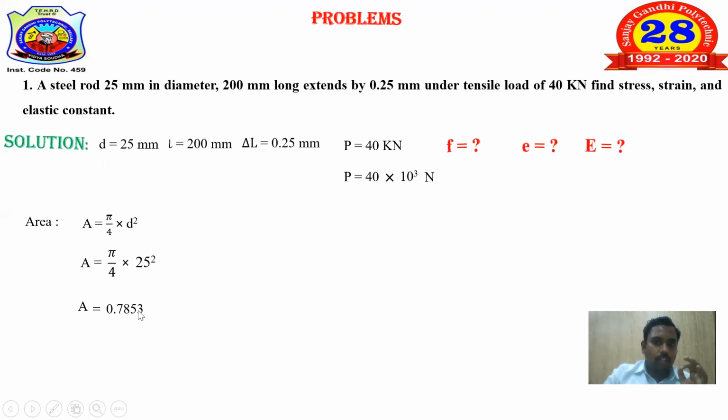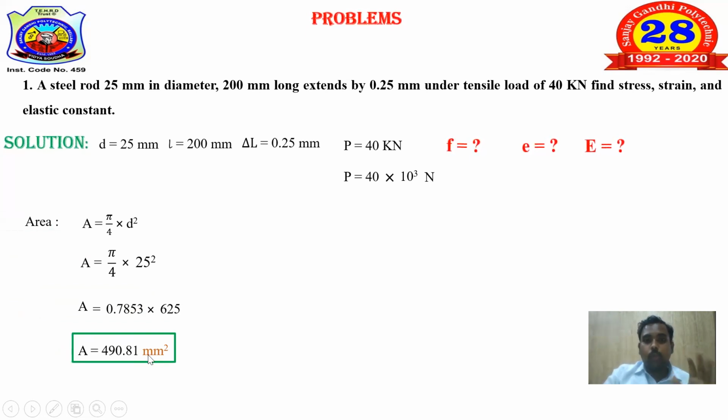Students, what I suggest is after the decimal, try to take four values, four points. That's why I have taken 7853, into the value of 25 square, which is 625. It's very simple. With the help of a calculator, on calculating, I'll get area equals 490.81 mm square.